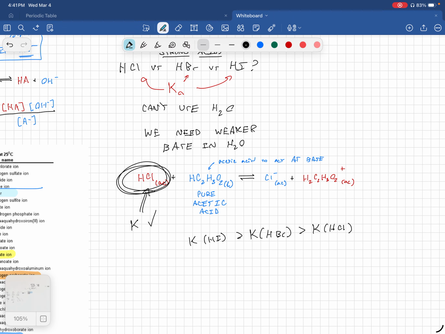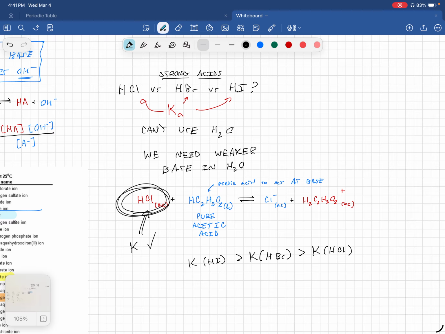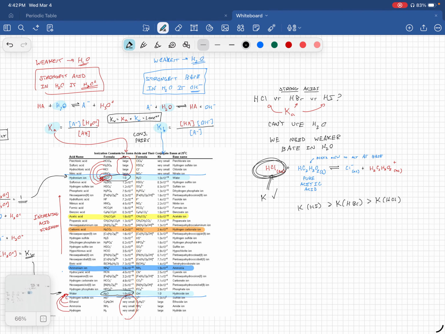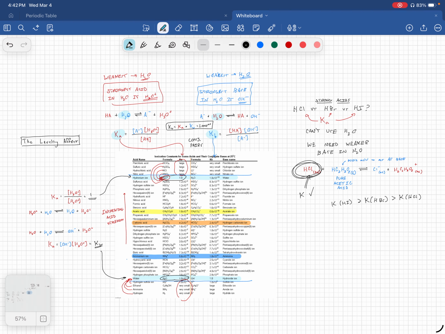So if we want to measure things stronger than H3O plus or OH minus, we got to use something different than water. Otherwise, you can measure it in water. All right. That is it for the leveling effect of water.